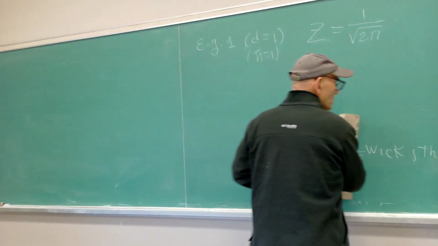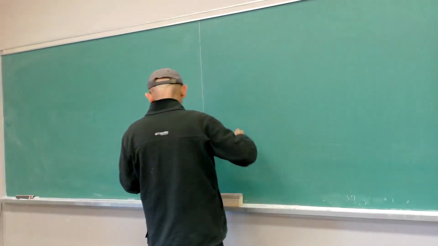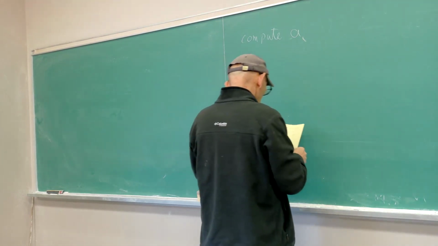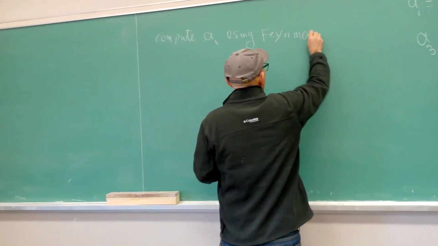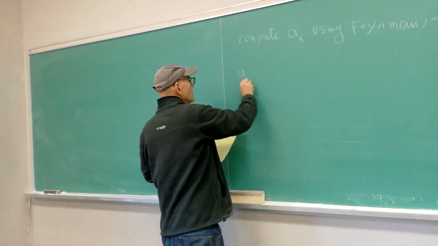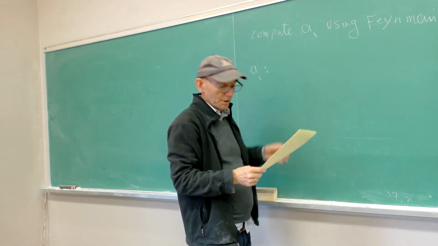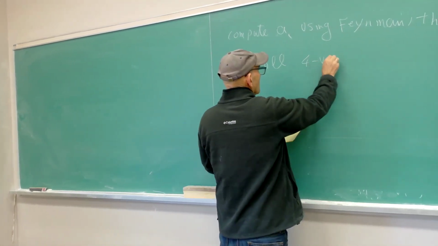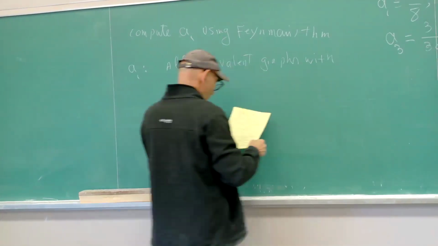Compute a1 using Feynman's theorem. To compute a1, first of all we have to list all the 4-valent graphs with one vertex.